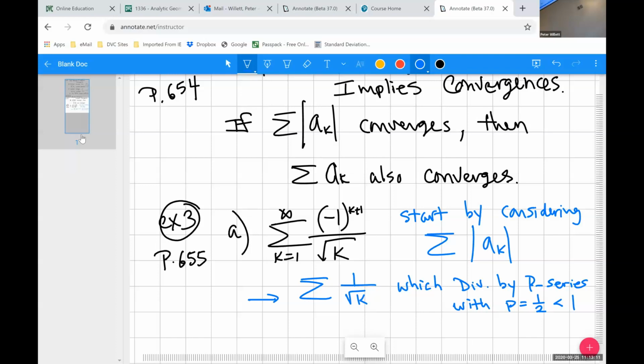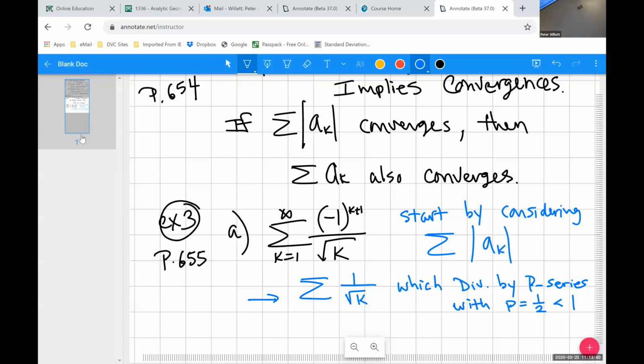Okay, so what does this tell us? This tells us that when I take this alternating series and I slap absolute values on it, it diverges. So that may mean one of two things. It may mean that the original series also diverges, but it may also be, like with the harmonic series, that when you make it alternating, it goes from being divergent to convergent.